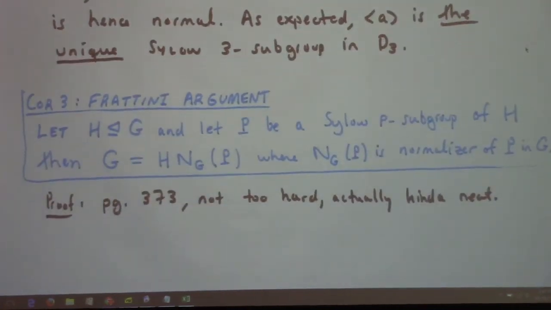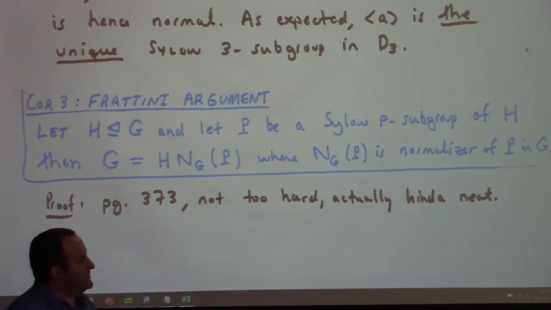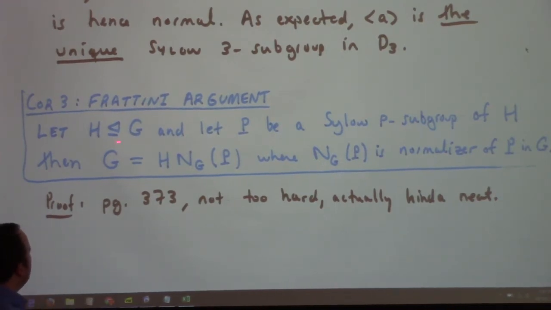There's this Frattini character. He tells us something else. I will not prove it, but I'll state it because it's interesting. If you have a normal subgroup H in G, and P is a Sylow P subgroup of H, then you can write G as the product of H and the normalizer of P in G. So this means we can build the group as a product if we have a normal subgroup and its Sylow P subgroup.